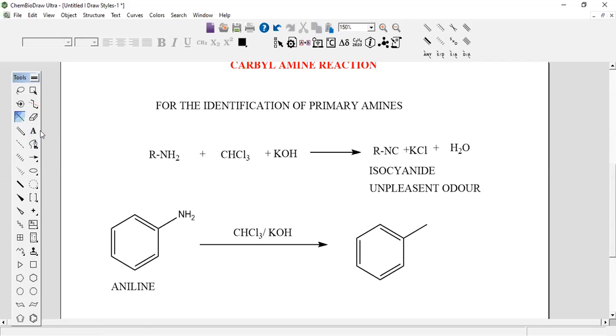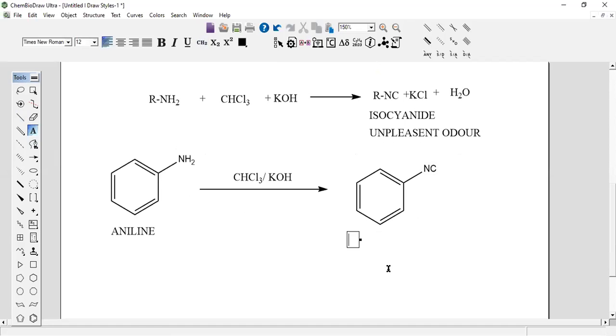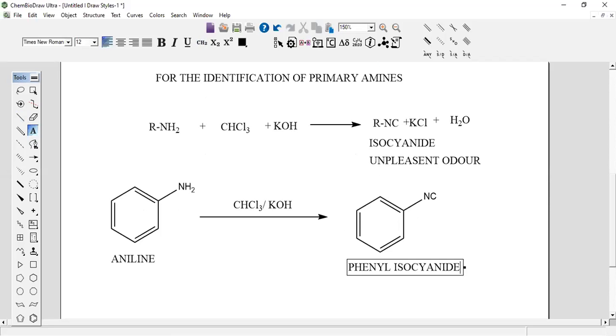This is going to be the phenyl isocyanide. This has a very, very unpleasant odor. You are unable to stay in the lab itself because of its smell. Phenyl isocyanide. And this test is used for the identification of primary amines.